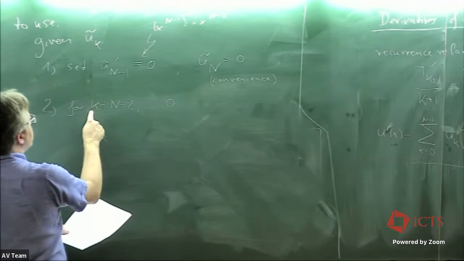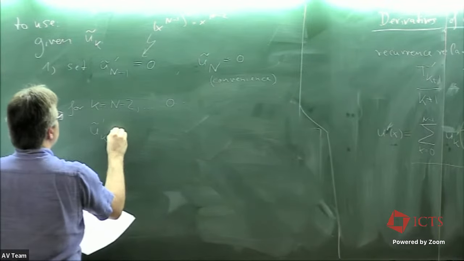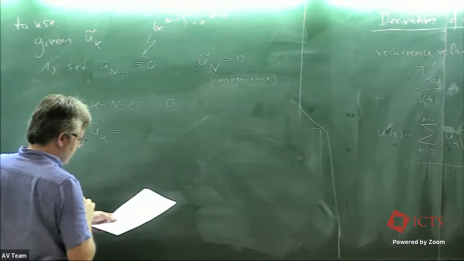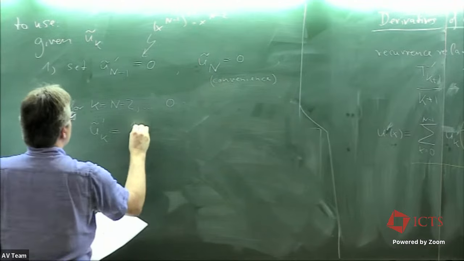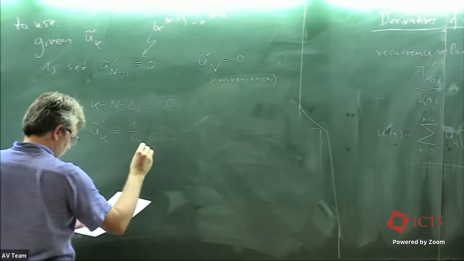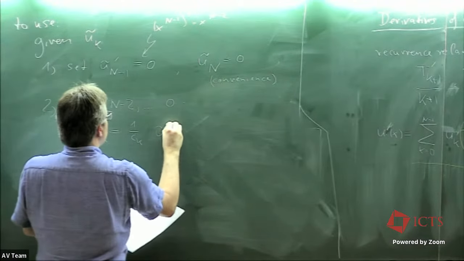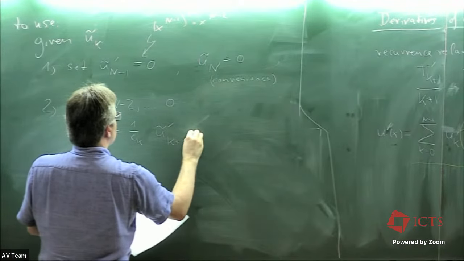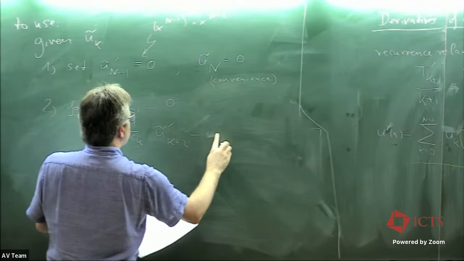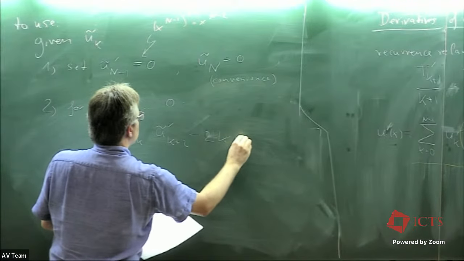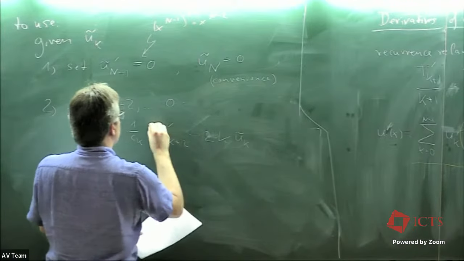We can compute our kth coefficient with the magic formula I have on the blackboard over there as 1 over ck times u twiddle k plus 2 minus 2k uk.